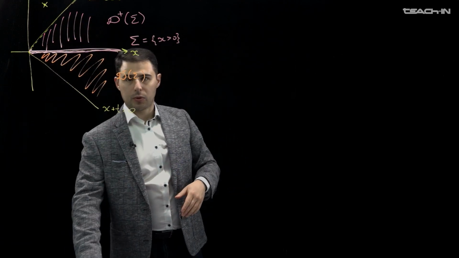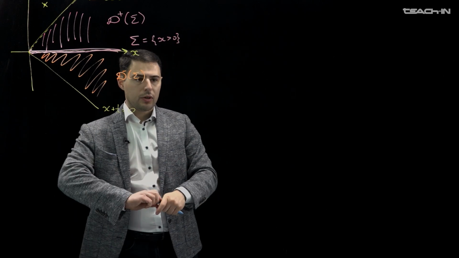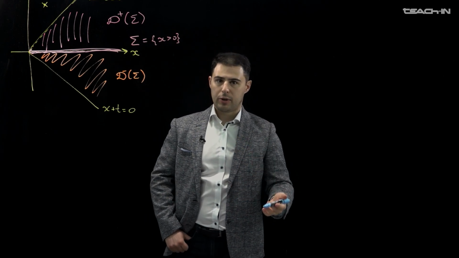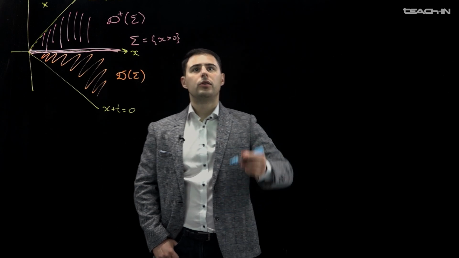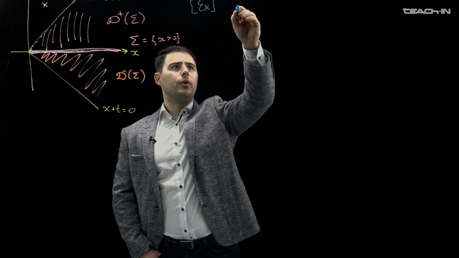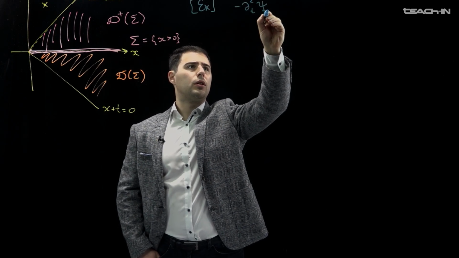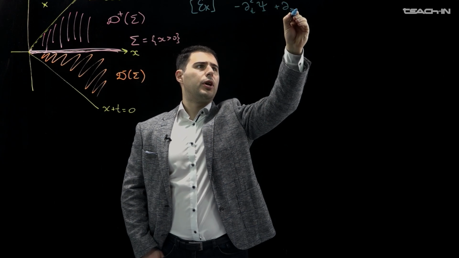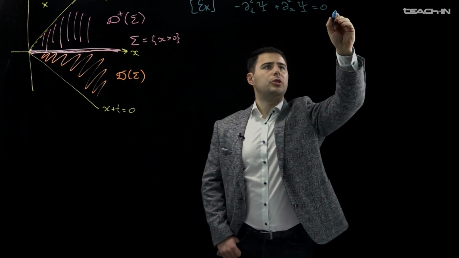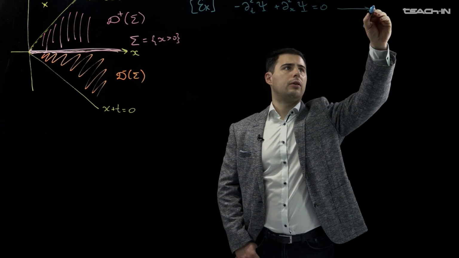So to get a good understanding of what I'm saying, let's consider a simple problem. Let us consider the wave equation on the two-dimensional Minkowski spacetime. Exercise. So we have the wave equation on the Minkowski spacetime, for which a general solution is known.